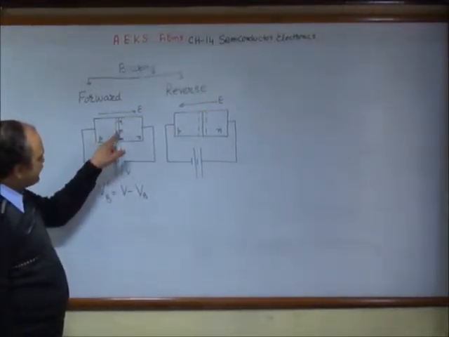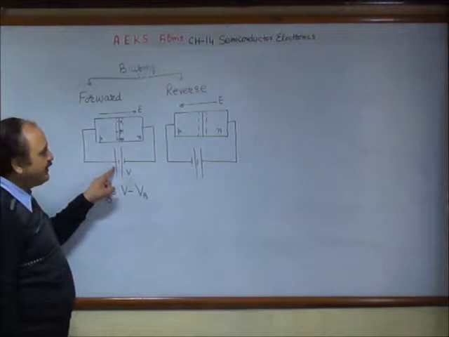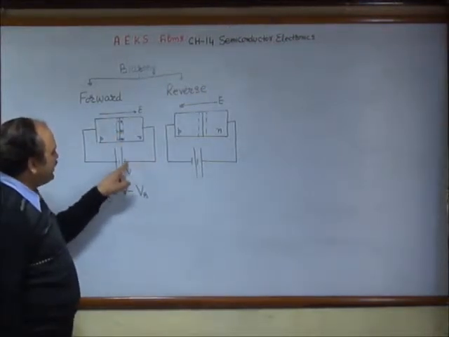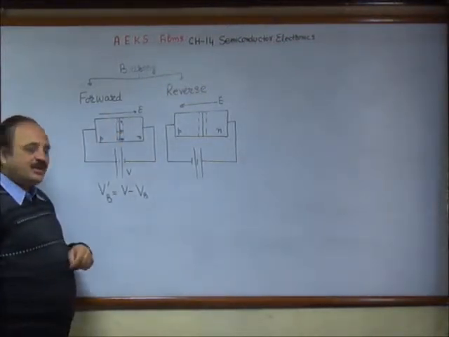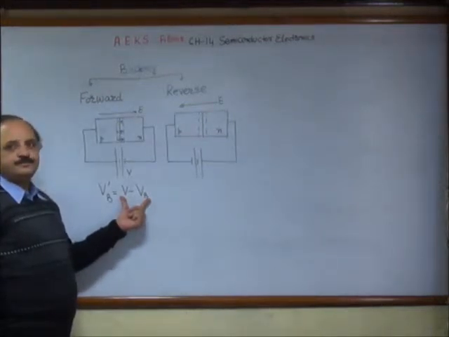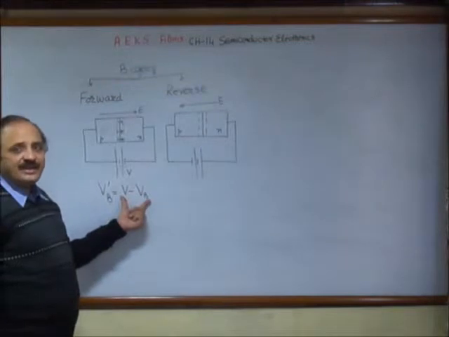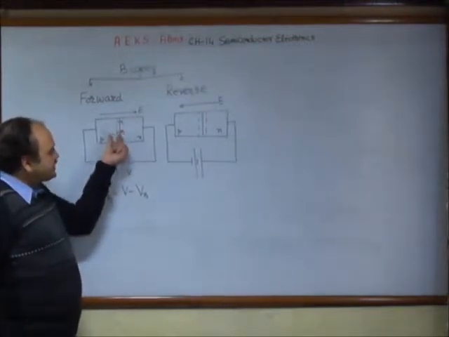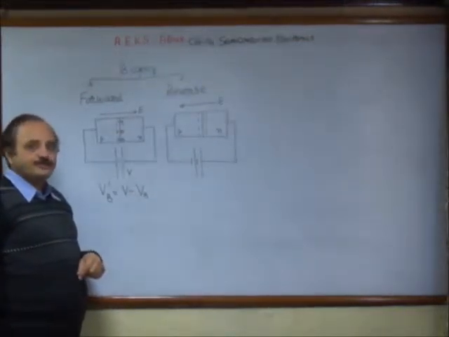Look at this, negative connected to positive side and positive connected to the negative side. This decreases the effective barrier potential, or you can say even this thickness of the depletion layer is reduced.